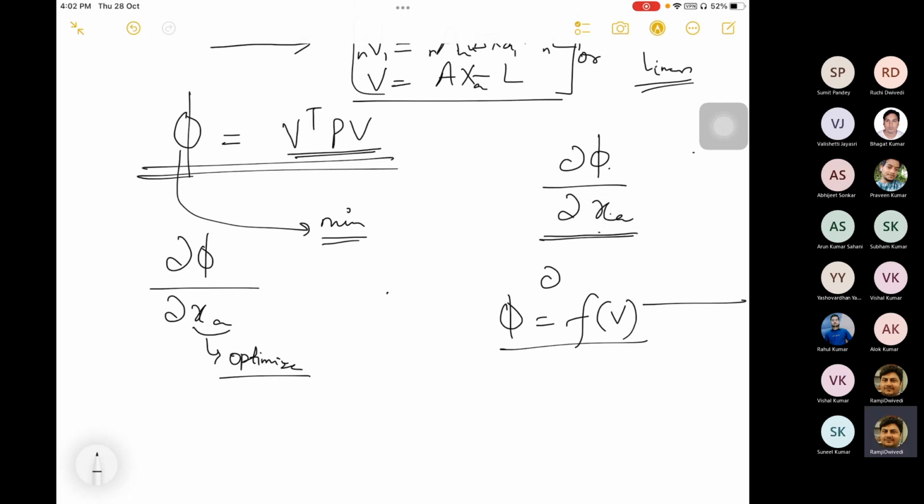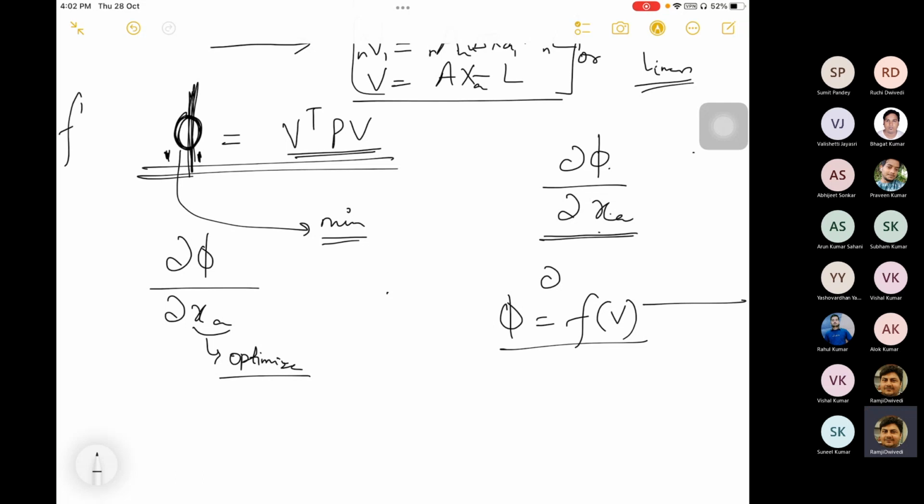Please remember one more thing, which you, as a newcomer, would probably be a little confused with. This is phi. Tell me its dimension. A new dimension has come. Tell me its dimension. Sumit, you tell. What will be the dimension of phi? Sir, 1 cross 1. Yes, it is a 1 cross 1 kind of value, because it is a function value.